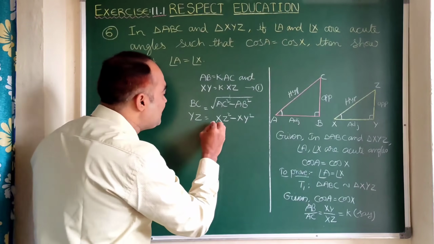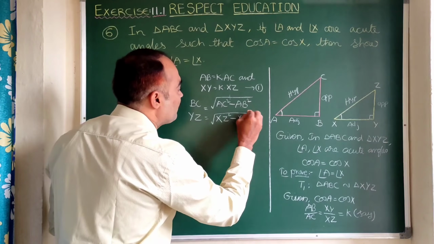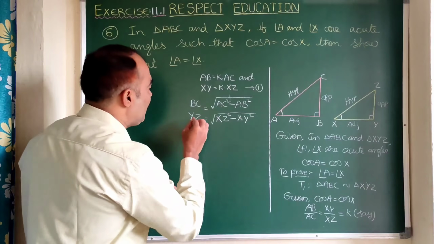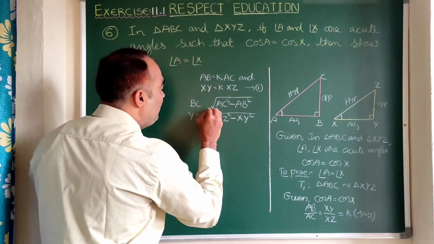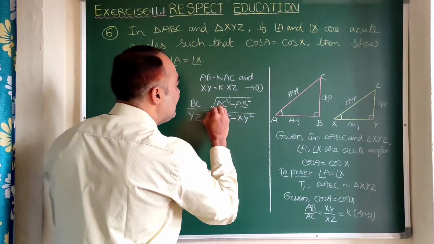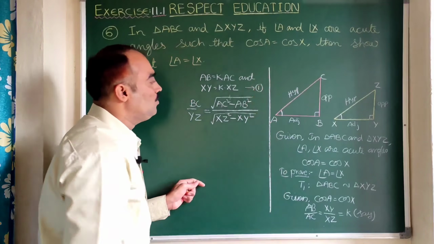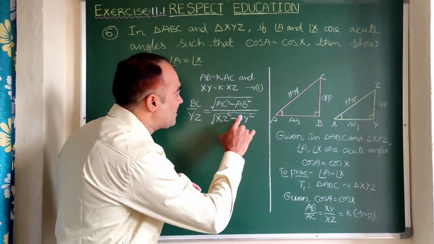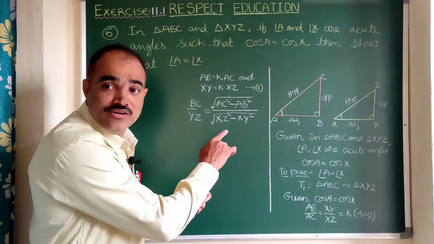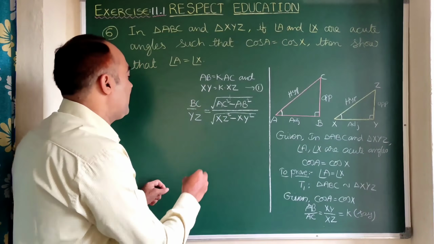If I want only YZ, under root will come. Clear? Now here I am finding, instead of these two, I am finding here at a time BC by YZ is equal to under root AC square minus AB square by under root XZ square minus XY square. Any doubt in this step? No, sir.